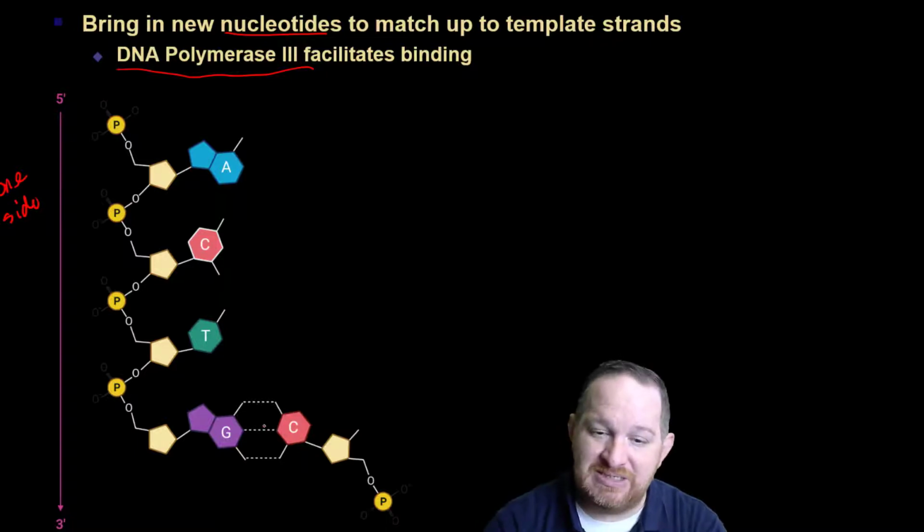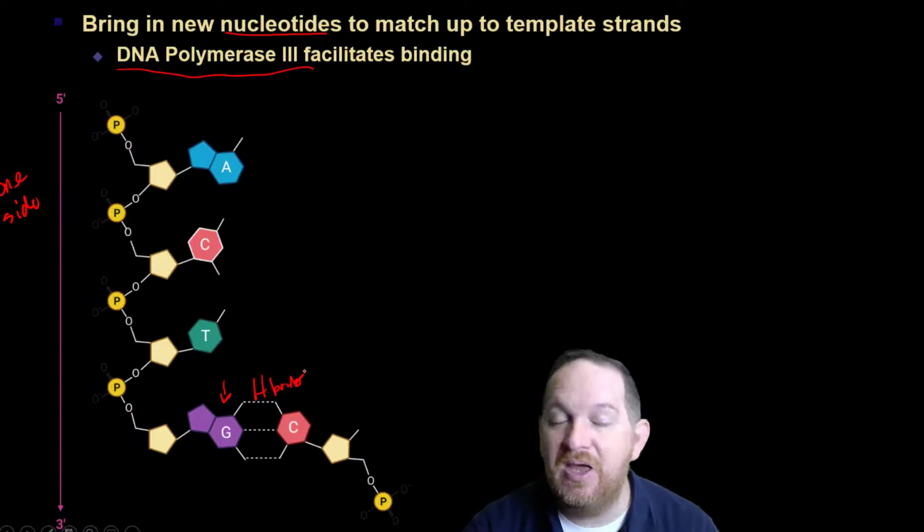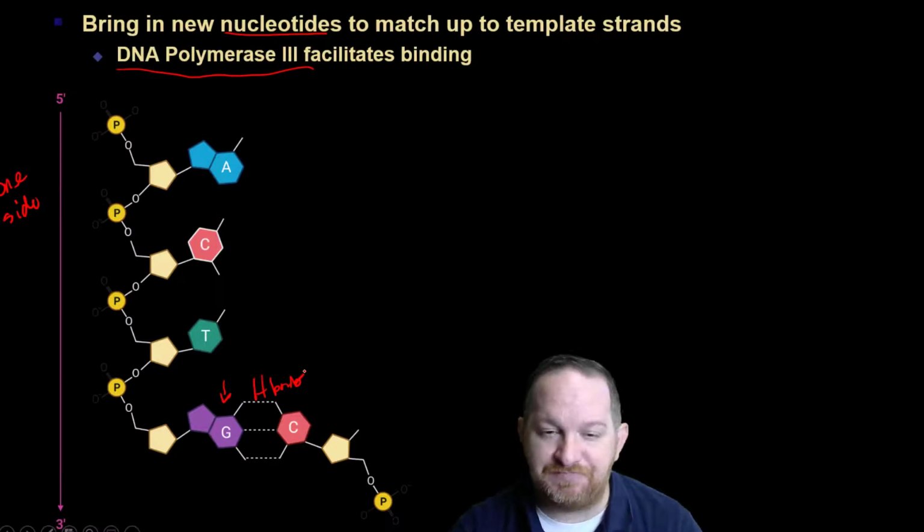So what happens is, as you just saw there, a new nucleotide comes in to match. Because this was guanine, and we know that G always pairs with C, the cytosine will come in and bind here. Now, you may remember these are hydrogen bonds that bind the nitrogenous bases together.